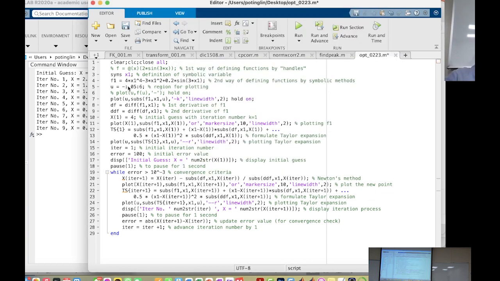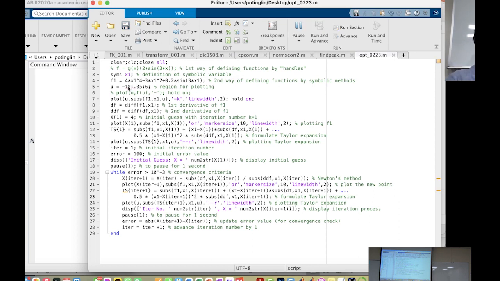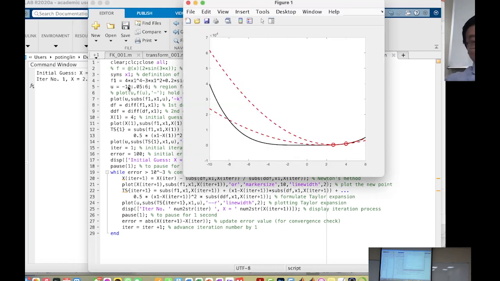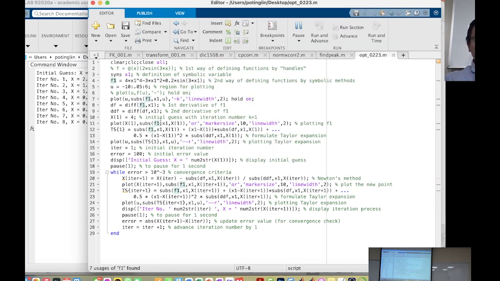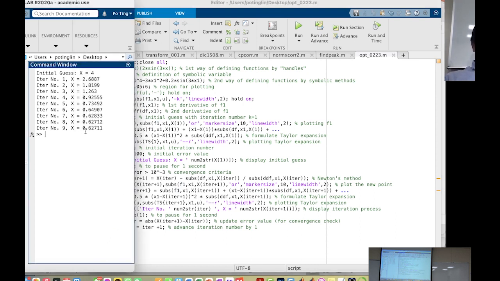Let me plot out a wider region, maybe 10. Oh, so it looks like a bathtub. This function looks like a bathtub. So maybe the true solution should be 0. Because here is 0, here is 0. Sine 0 is 0. But we stop at 0.62. That answers your question. Why do we stop? Maybe the true solution is 0.